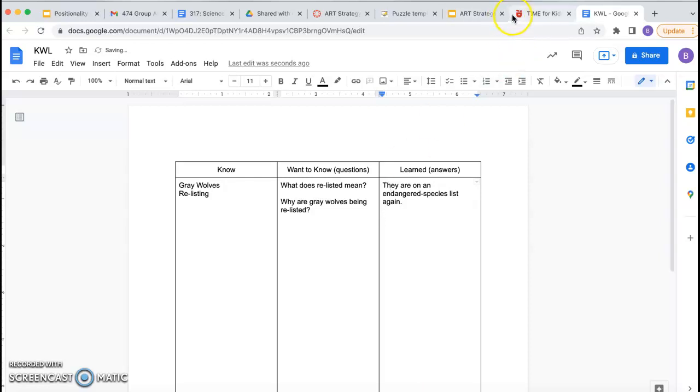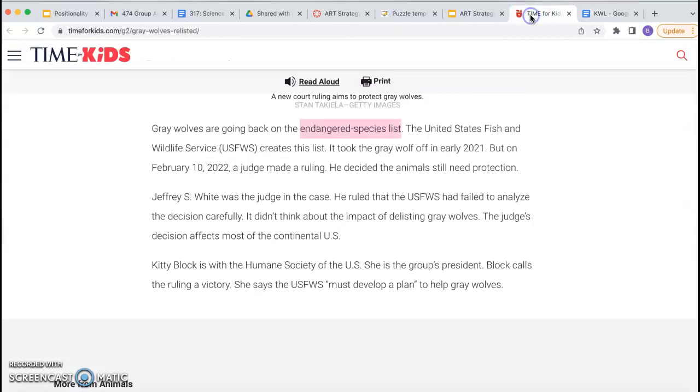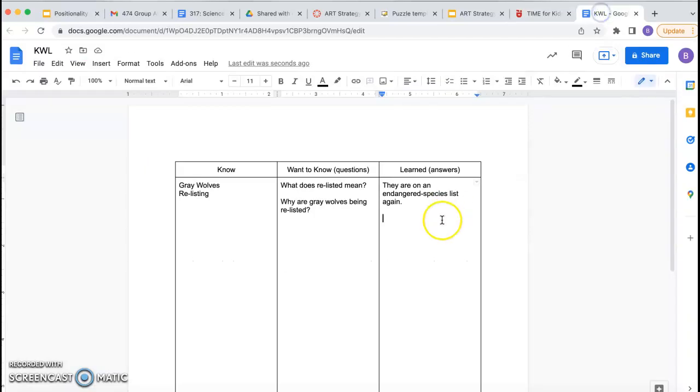Then I would go to answer my second question. Why are gray wolves being relisted? Well, since I read, it says that a judge made a ruling and decided that the animals still need protection. So that's why they're going back on the list. My answer was, a judge said that the gray wolves still need protection.